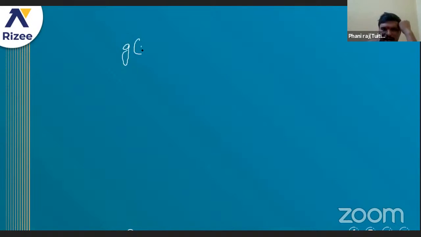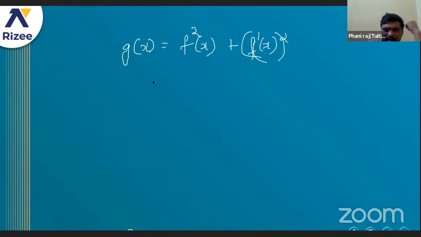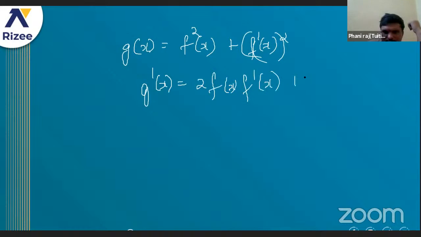Let's define g of x equal to f of x square plus f dash of x square. Now what is g dash of x? It is 2 times f of x into f dash of x plus 2 times f dash of x into f double dash of x.